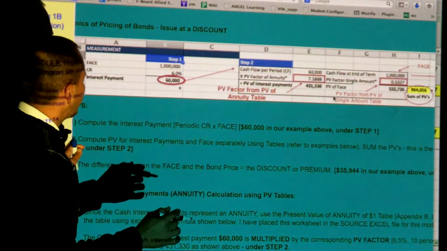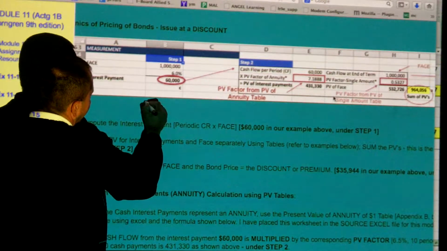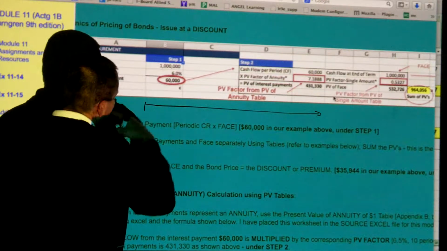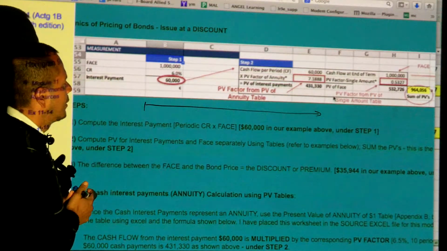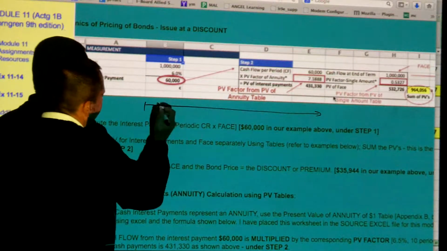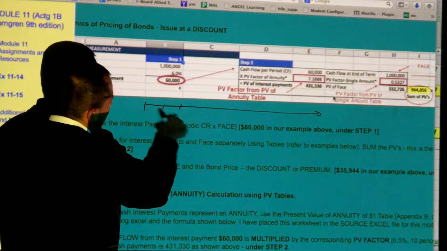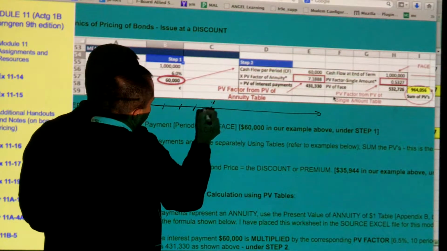Now, I'm going to give you a very simplified version of what's happening when I say that. So I'm going to do a timeline of the bond's cash flows. You have 1, 2, that's 1 year or 2 periods. 3, 4, that's period 4, so second year.